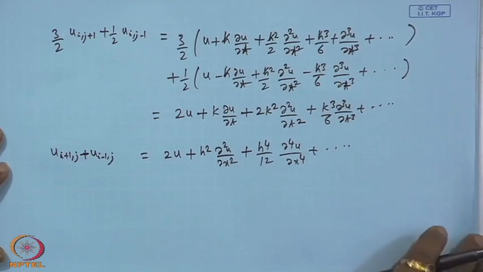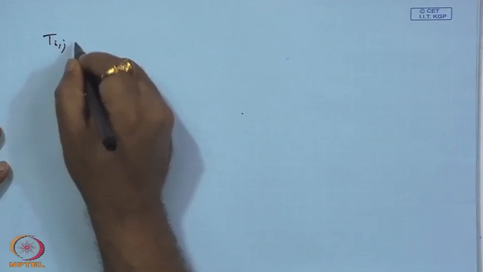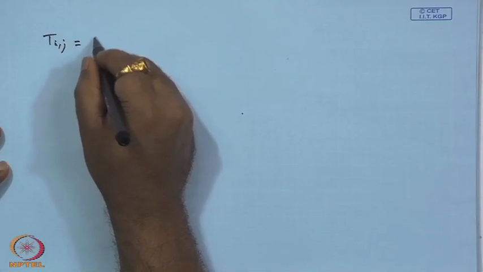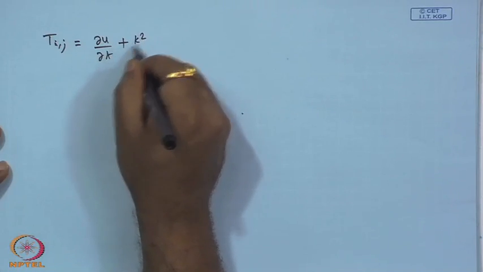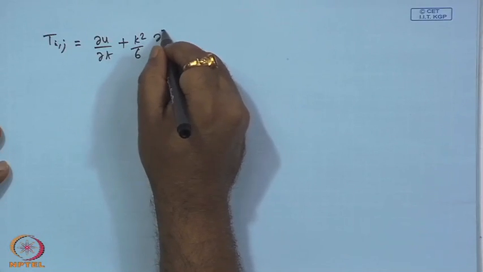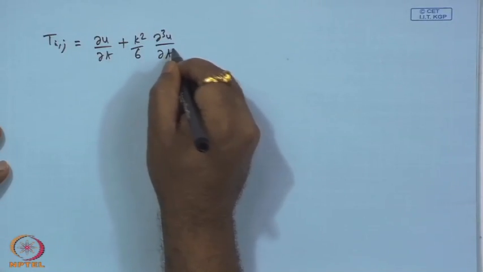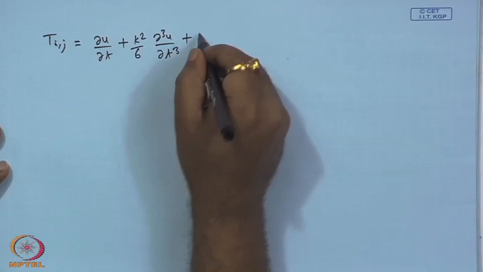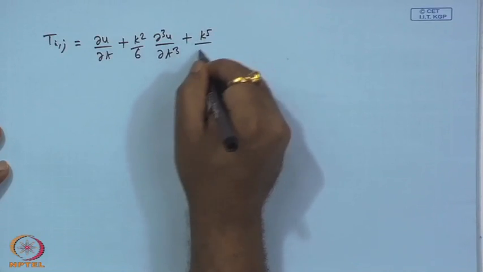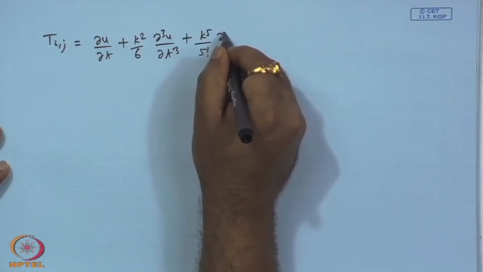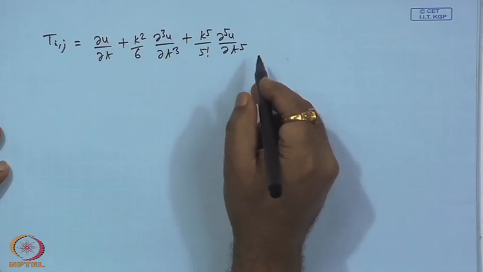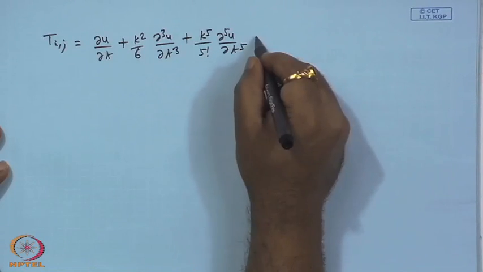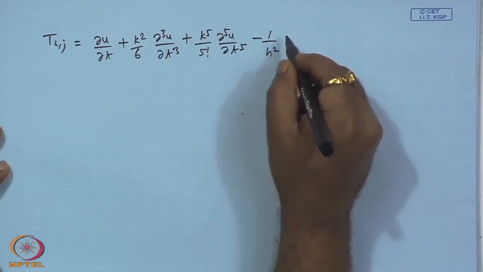Okay. So, now using all this, T I j become minus 1 over h square.